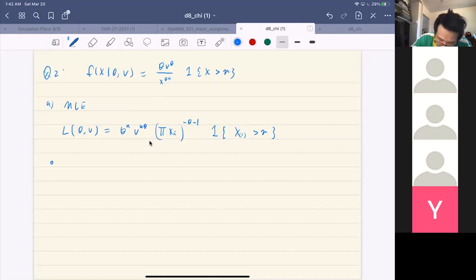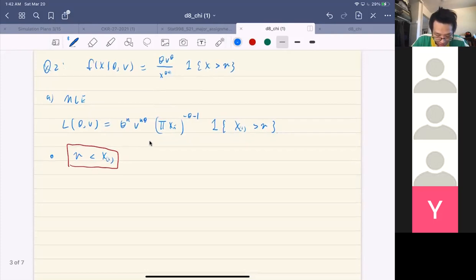So first, let's consider v smaller than s1. So we consider our domain is in here. We can take the derivative of the negative function.